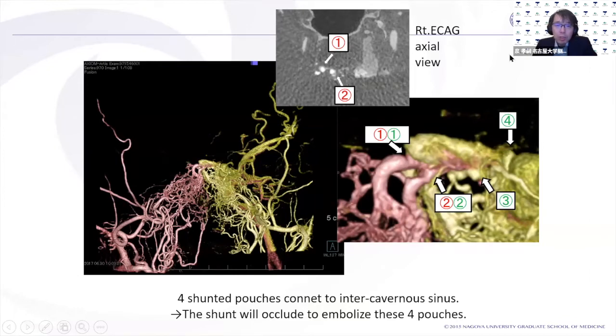After interpretation of these images, I could find 4 shunted pouches connected to the intercavernous sinus. 1, 2, 3, 4. And the shunt will be occluded by embolizing these 4 pouches or the intercavernous sinus.